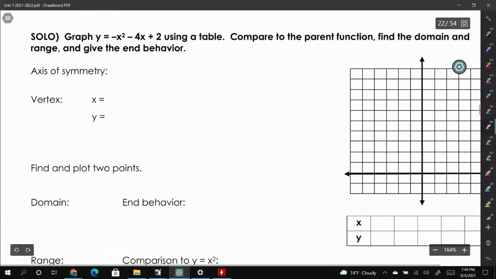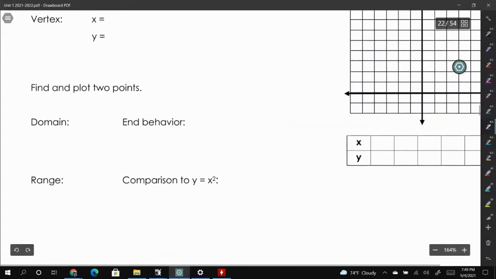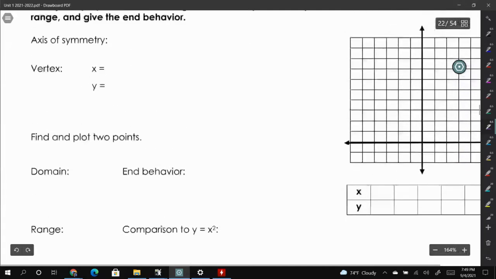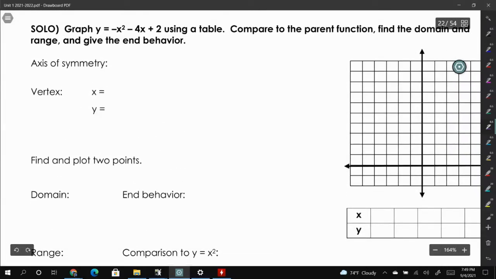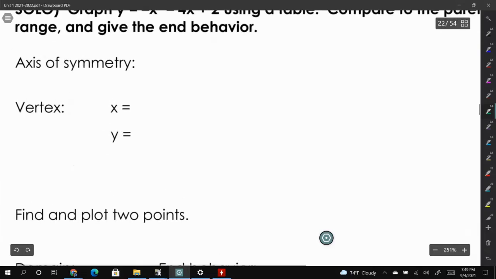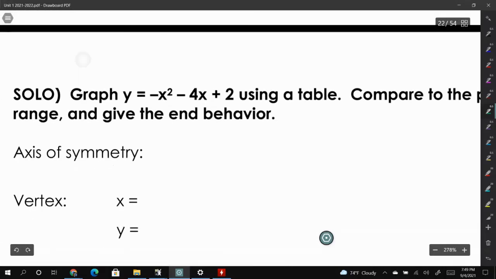Over here, we'll do the same thing. We'll try this one together. So let's do our ABCs. Our a is going to be -1 because we have a negative in front. And again, we know our a is -1 because that's the number with x squared.